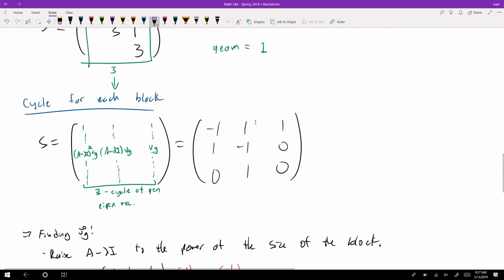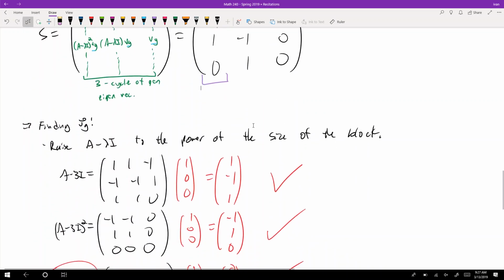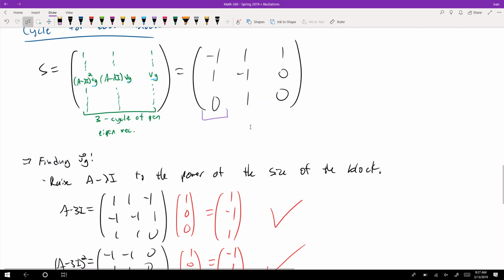If we notice, what is this vector here? Can anyone tell? So this first vector is an actual eigenvector. It's not a generalized one.